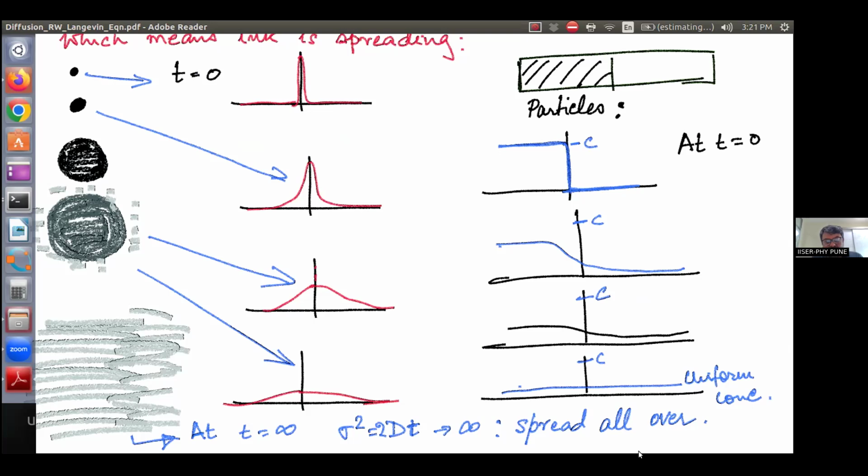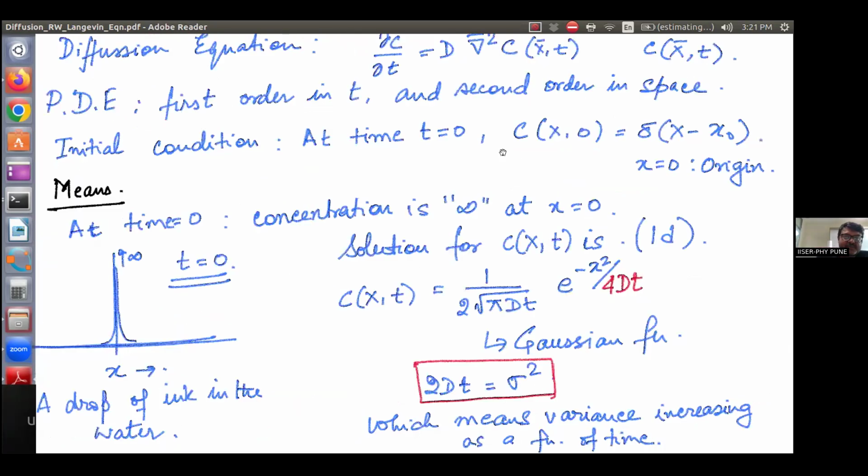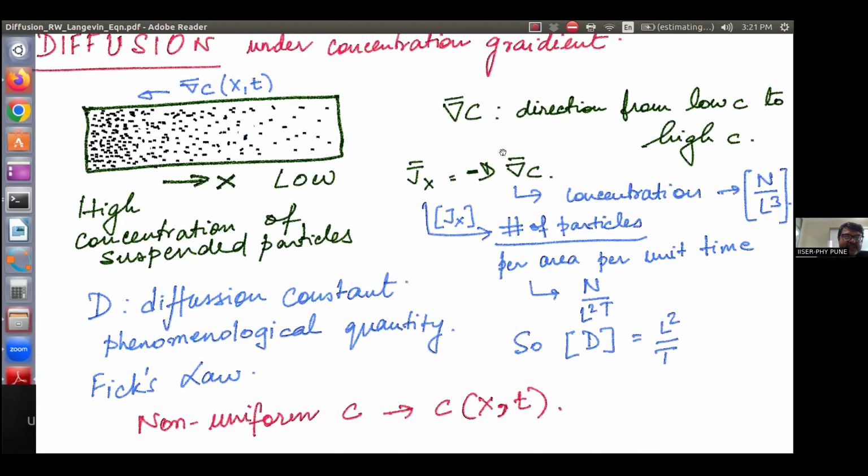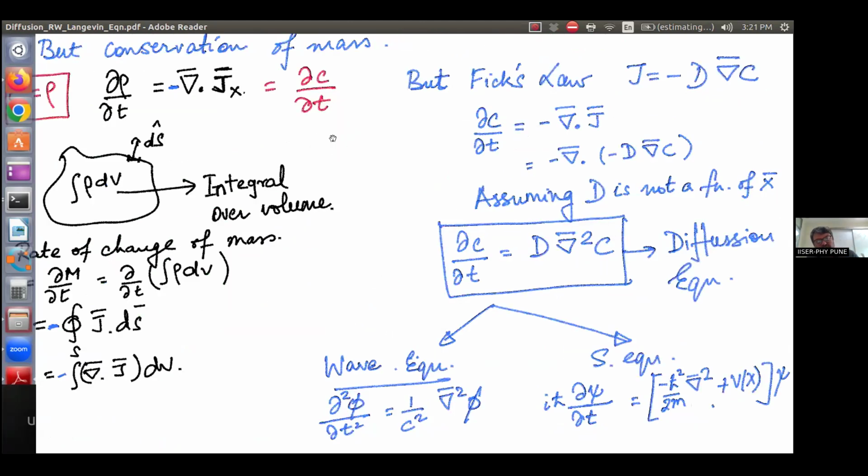Once you get the solution, and getting the solution is a mathematical technique, but I'm trying to extract the physics of diffusion. If you had a problem which started out with a gradual concentration gradient, that's a different mathematical problem. You have the same diffusion equation, but your initial condition is different, right?